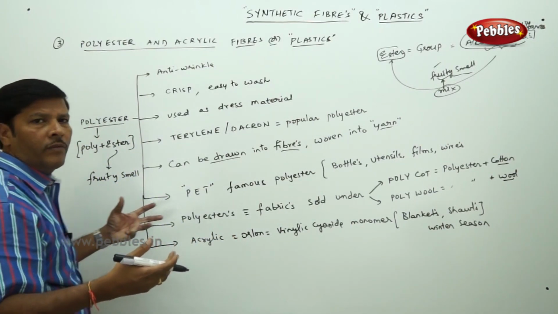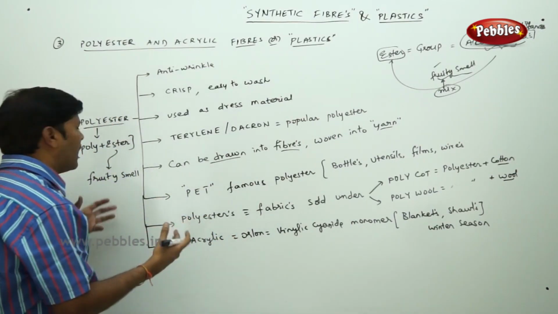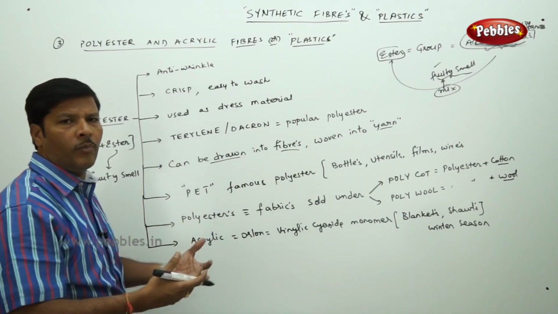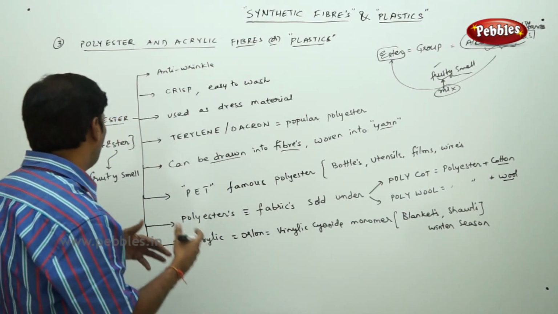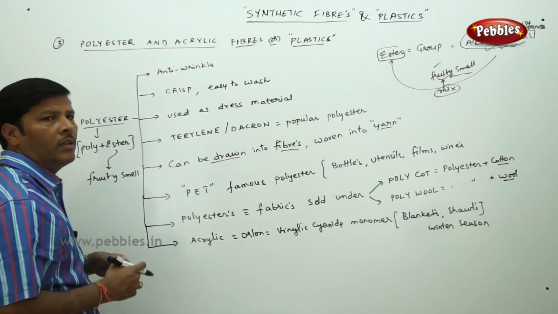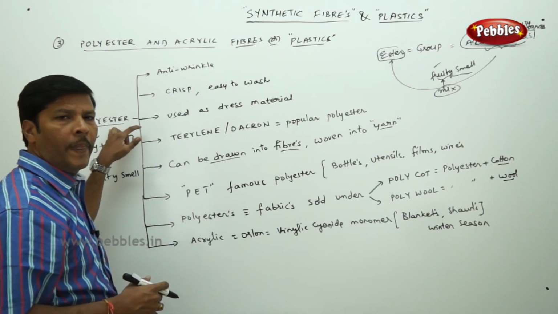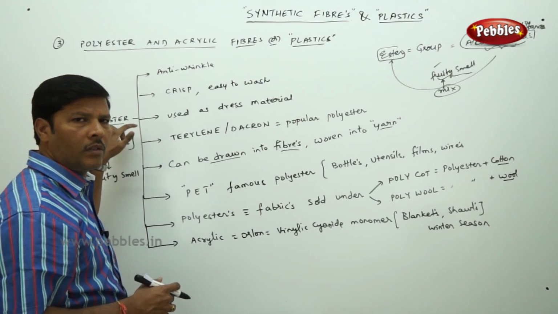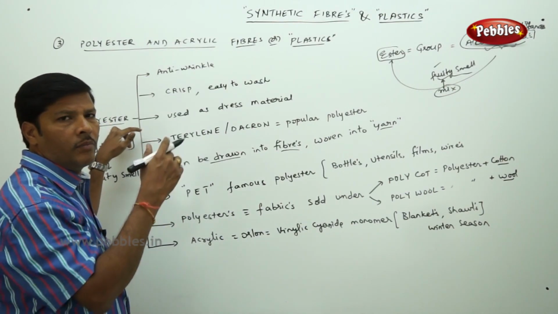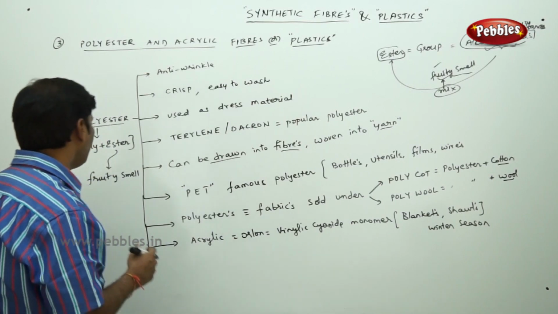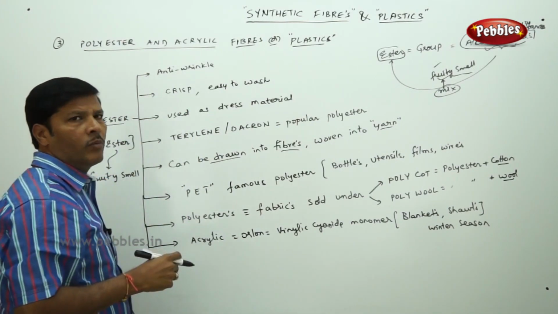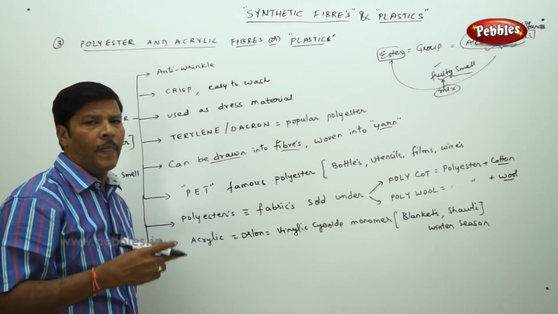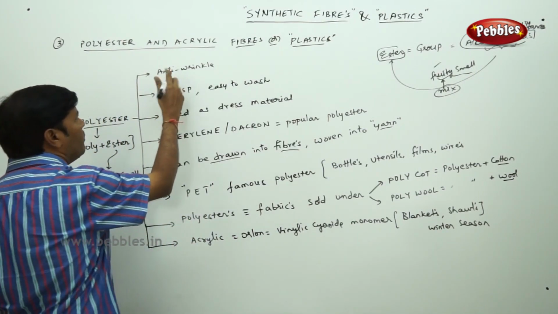When more and more ester molecules combine with each other, they participate in polymerization and give a polymer. That polymer leads to the formation of polyester. A polyester, you can call it a synthetic fiber or synthetic fabric, or simply synthetic plastic. So what is happening here is, like all polyesters, some of the most distinguishable features of polyesters are that they are always anti-wrinkle.